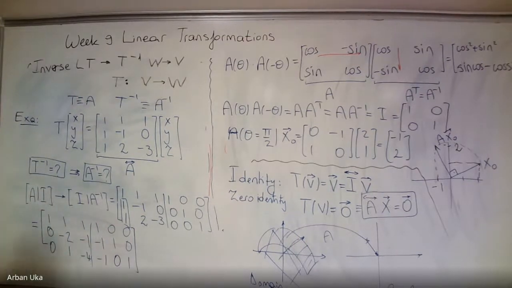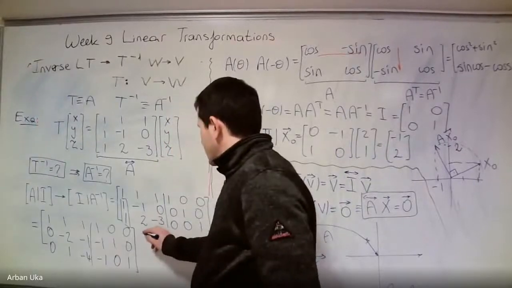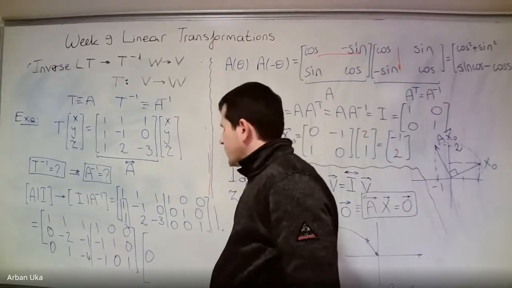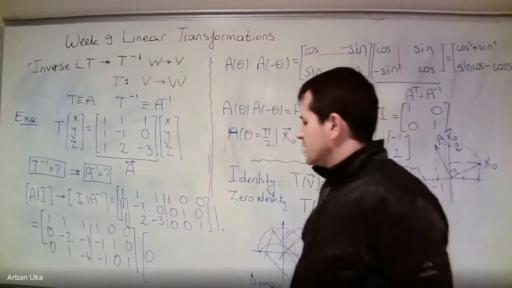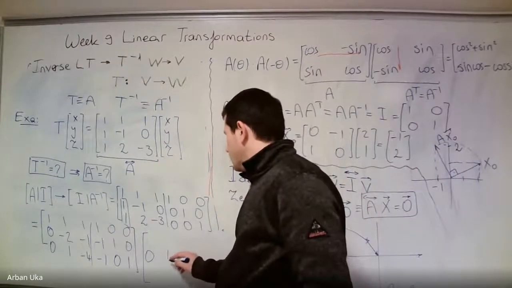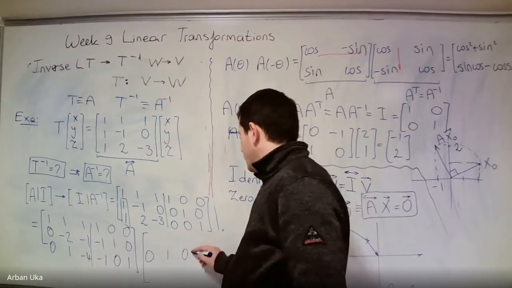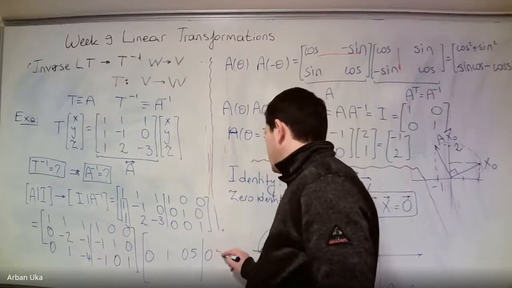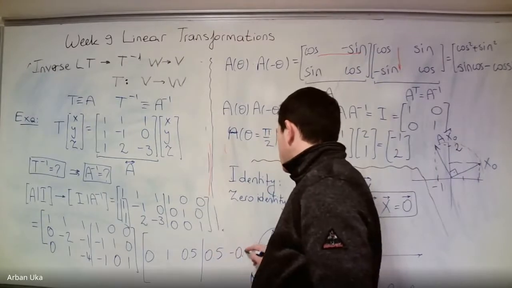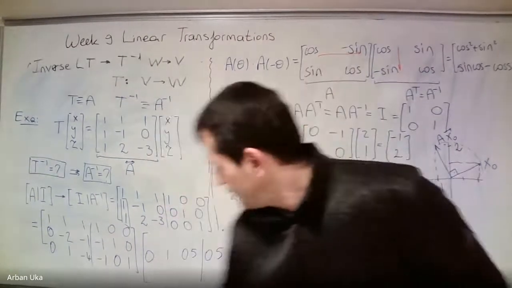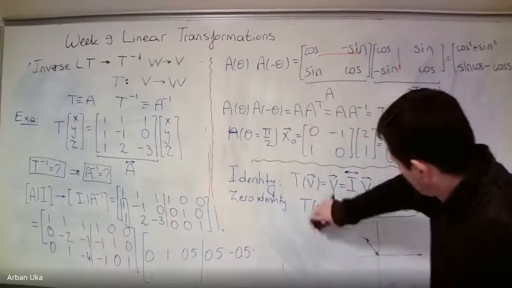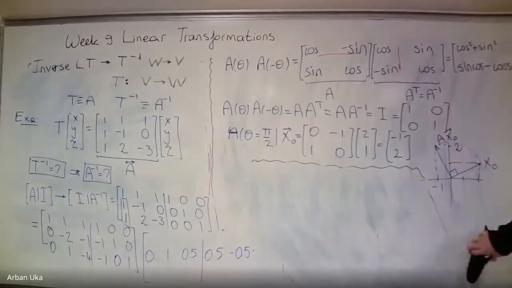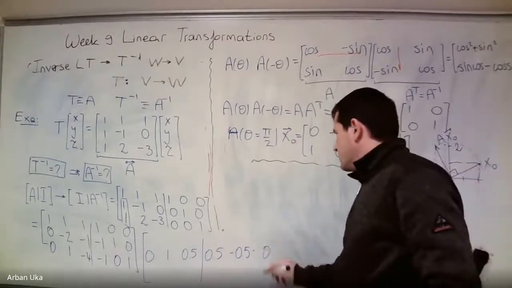Then the next step, we can divide the second row by minus 2. So if we divide by minus 2, this is going to be equal to 1. This is 0.5. Here we get 0.5, minus 0.5, and 0.